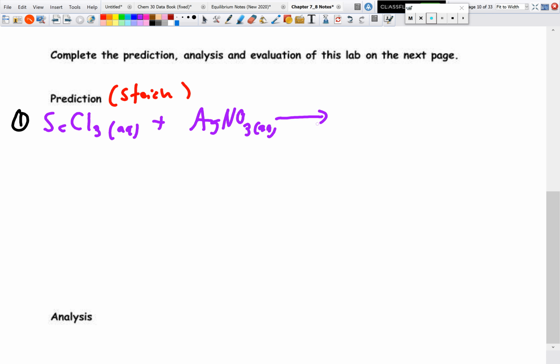So scandium and nitrate are going to pair up now, and then silver and chlorine. Now we don't know the state of that, so we're going to have to check. And then we get silver chloride. And same thing, we don't know the state. So with these, we are going to have to check their solubilities, because one of them should be a solid, and that is our precipitate.